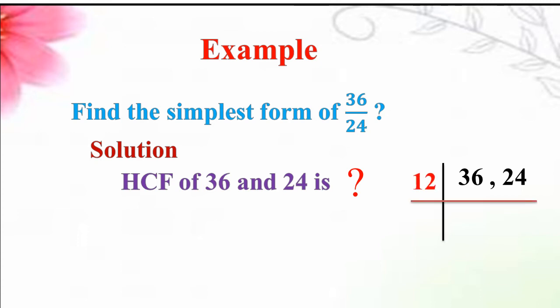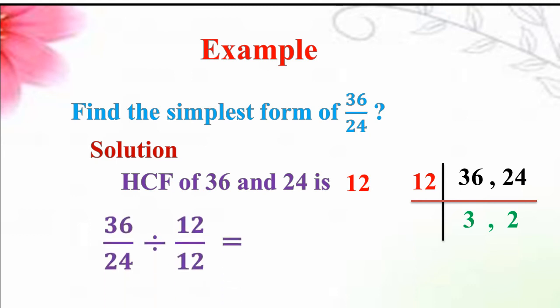Yes, that is 12. When you divide 36 by 12, we'll get 3. When you divide 24 by 12, we'll get 2. So the HCF is 12. Now we are going to divide the numerator and the denominator by 12, we'll get, what is the answer? That is 3 by 2.